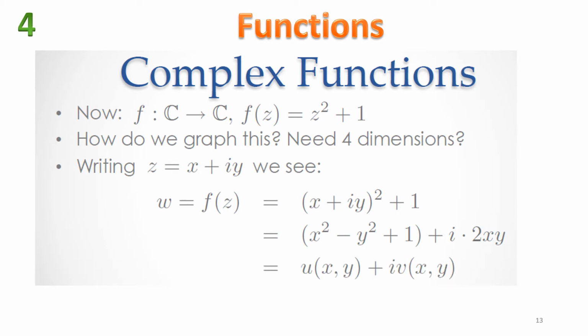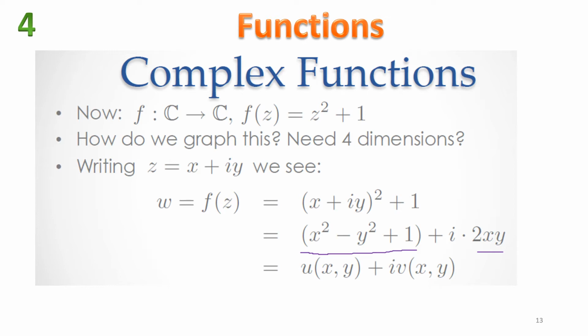Now we have 2 real functions. x square minus y square plus 1 is a real function, and twice xy is also a real function. Let us attach a real function u as a function of x and y, which has functional variation given by x square minus y square plus 1.